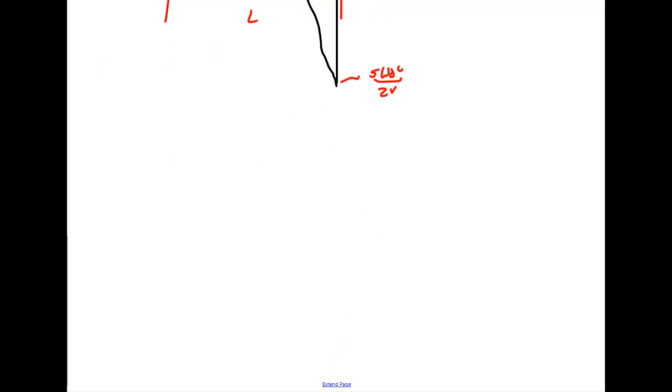I'm going to do a rough sketch of this beam with this triangle here. Again, you have this piece here, and a triangle at this end, something like this. Go ahead and label this. We said this was WO here, and this distance was L over 2.